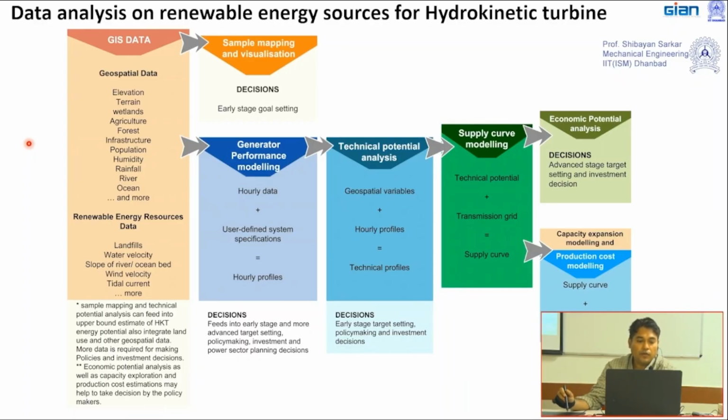So those types of data are also required. Based on this, you can set your early goal, that means the data corresponding to which you will be designing your turbine. Then, as I discussed last day also, you have to scrutinize the available data: what is the time series interval?